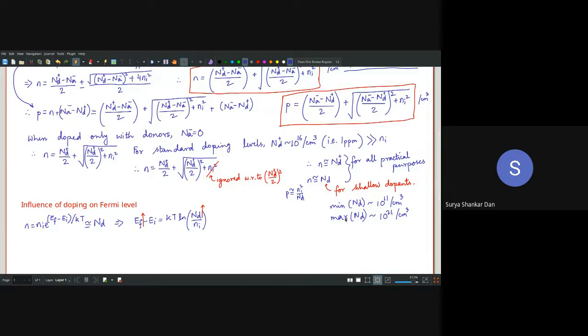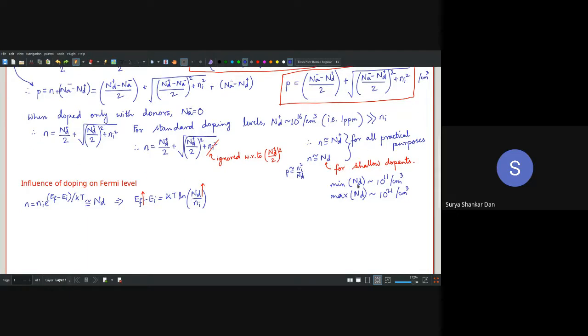In fact, people can even ask you in interviews what the standard doping levels are in modern technology. When we do the scaling theory, it will become clear why, but for completion of this topic I will tell you.